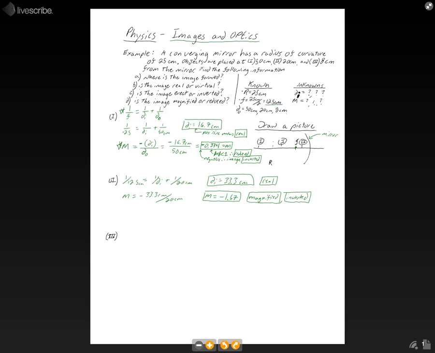And then part 3, same formulas again. 1 over 12.5 centimeters is equal to 1 over d image plus 1 over our last one, which is 8 centimeters. Solving for di gives, interestingly, negative 22.2 centimeters. With this negative in here, that means that the image is virtual.